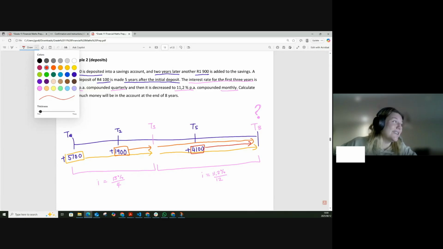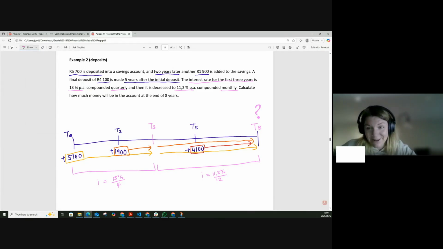Yeah, I know. The last one, I was like, don't add them. And now this one, we have to add them. The beauty of maths.